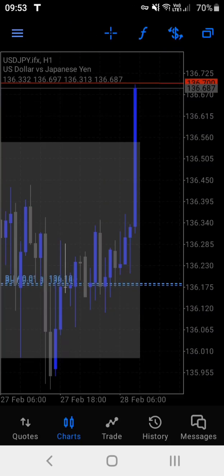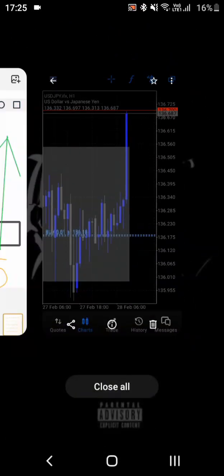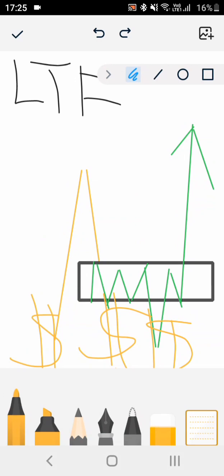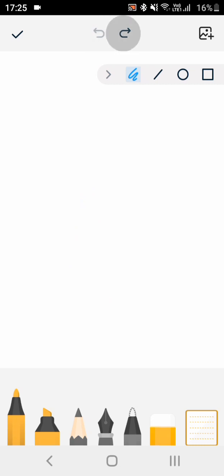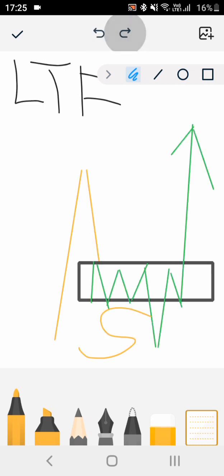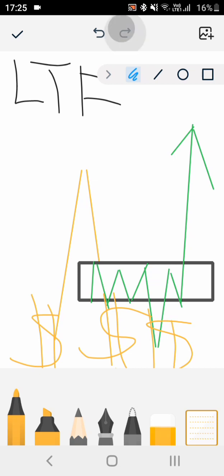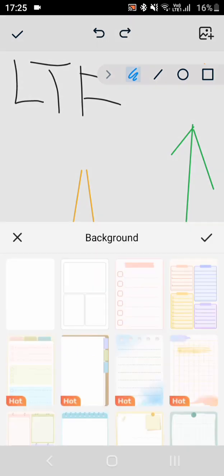So what you need to do is, on the higher time frame, let's go back to our higher time frame. So on the higher time frame, we had our setup. Let me erase all this for you.